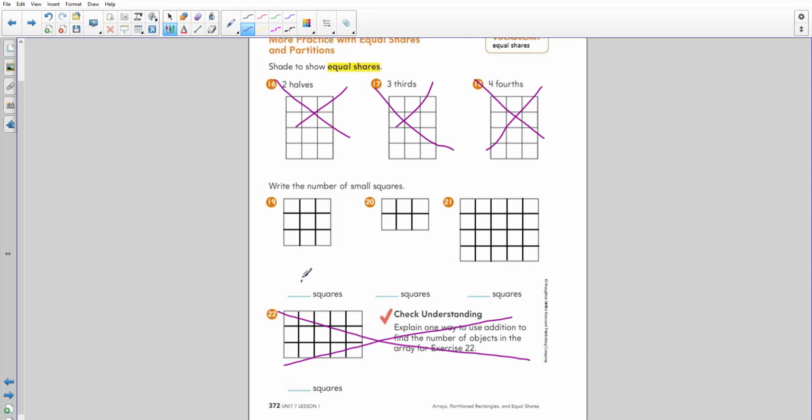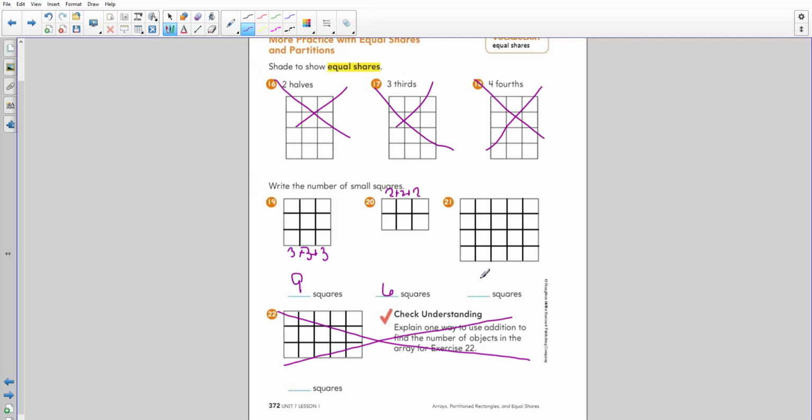Welcome back. So there are 9. How do I know? Because there's 3, 3, and 3. 3 plus 3 plus 3 in that repeated addition equation for this array is 9. This one is 6. How do I know? Because I have 2, 2, and 2, and when I add 2 plus 2 plus 2, it gives me 6.